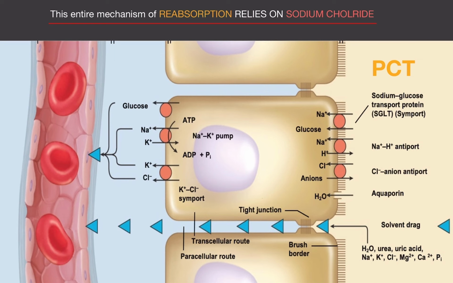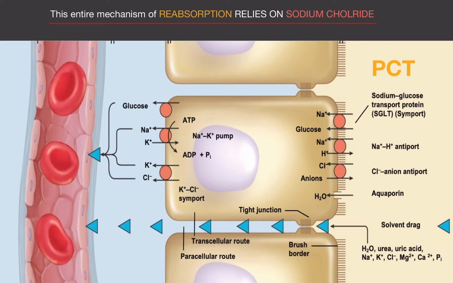The third segment is outside the cell, the extracellular fluid. This comes into play in the next step of the loop of Henle. Don't need to really worry about it now. I will mention something in the coming moments, but don't really worry about it. And the destination, the final segment here, is the blood vessel, where we're trying to reabsorb stuff, like nutrients.